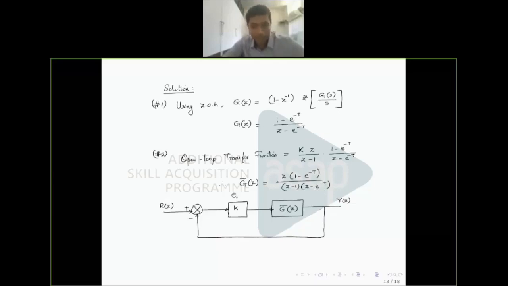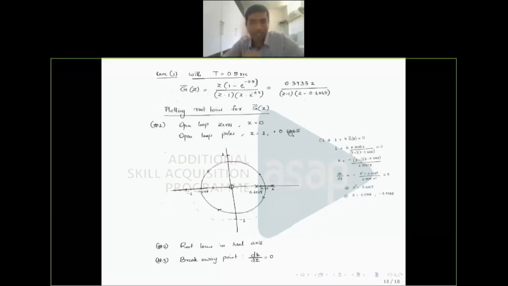Okay, so this is the block diagram. The open loop transfer function is G bar(z) equal to z into (1 - e^(-T)) divided by (z - 1) into (z - e^(-T)). So let's take the case of T equal to 0.5. Substituting T equal to 0.5, you will obtain G bar(z) as 0.3935 z divided by (z - 1) into (z - 0.6065).